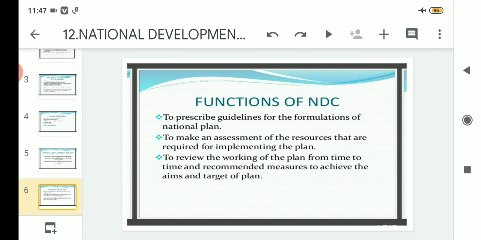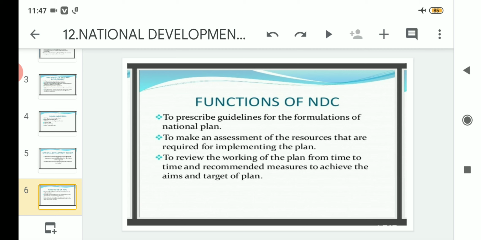So after proper reviewing, if they find out that the particular plan is not that successful, they will chalk out certain solutions or measures so that they can achieve whatever targets or aims were there of the national plan.